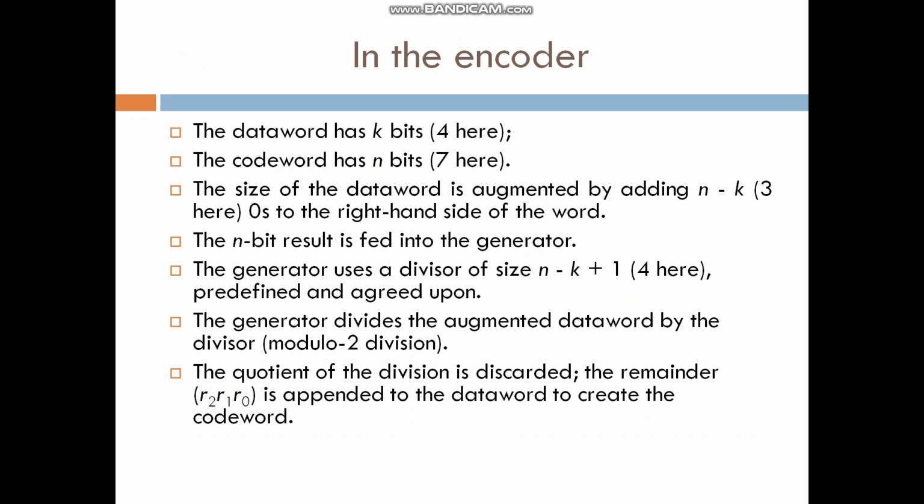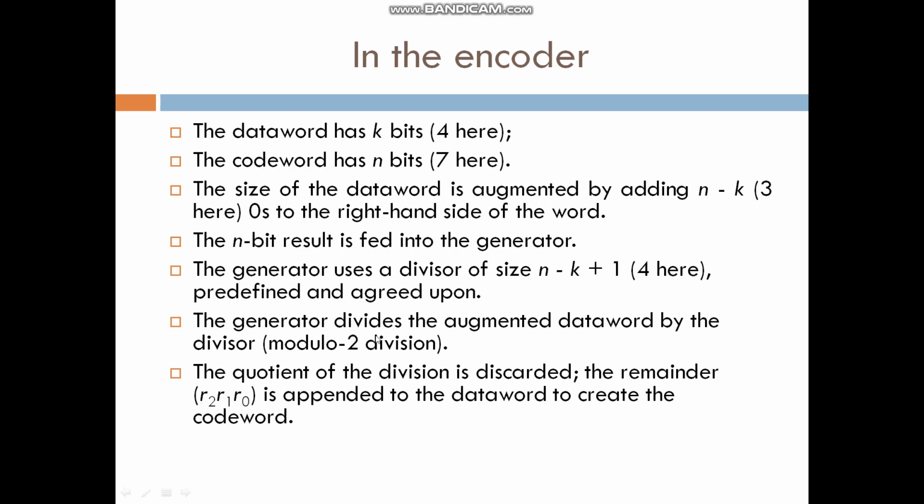Finally, the n-bit result is fed into the generator. The generator uses a divisor of size n minus k plus 1, that is 4 bits.